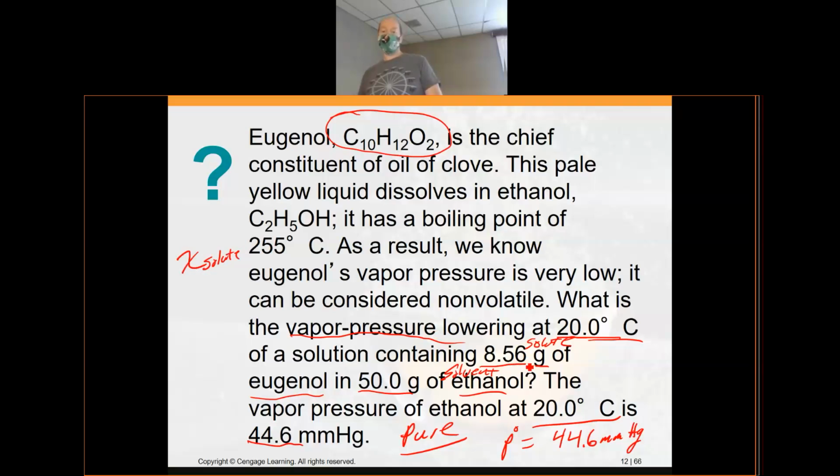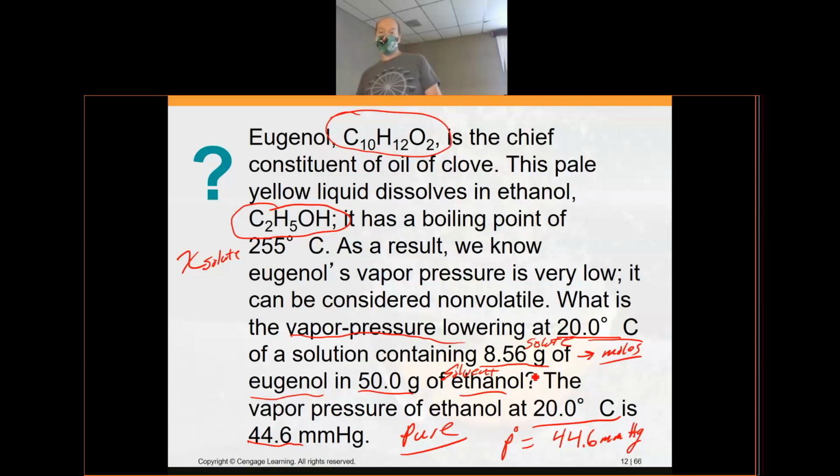So you have your mass. All right, we can convert that to moles by finding the molar mass of eugenol. All right, so we are going to convert that into moles by using molar mass. Same with ethanol. Here is the mass, 50 grams. There's the formula of ethanol.